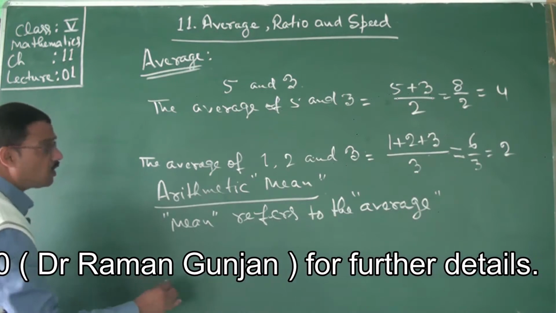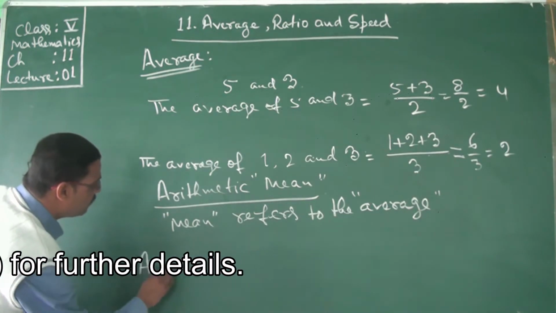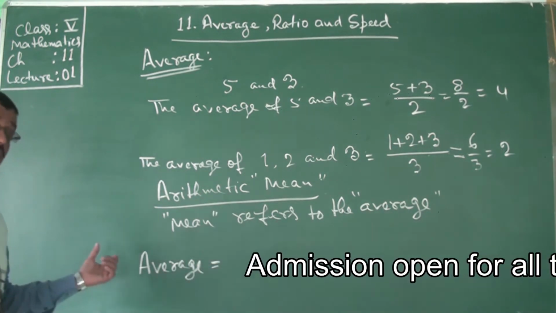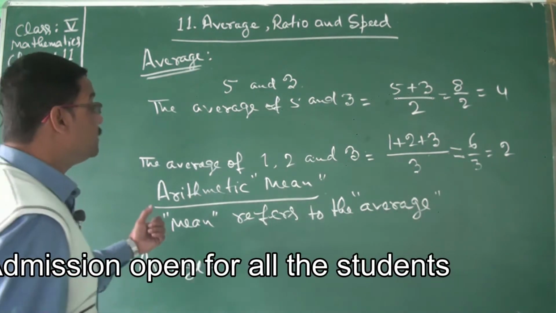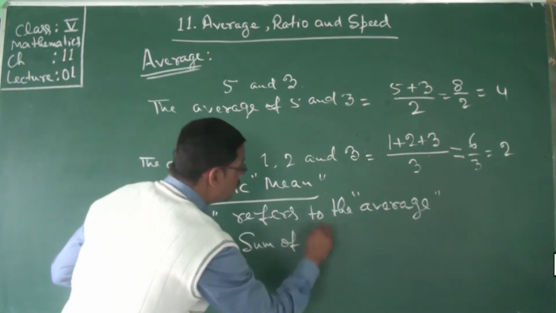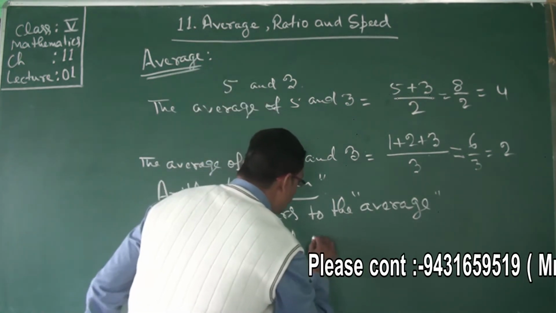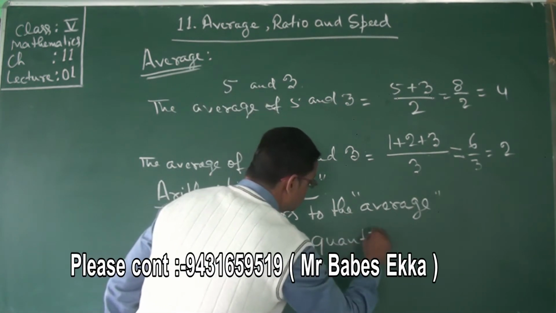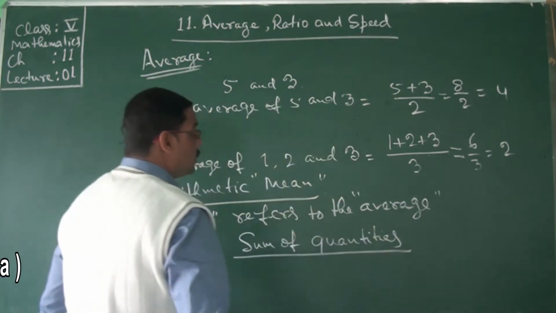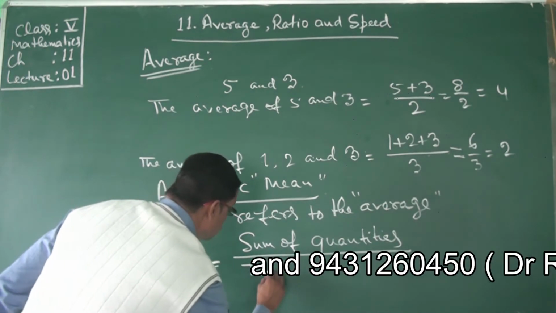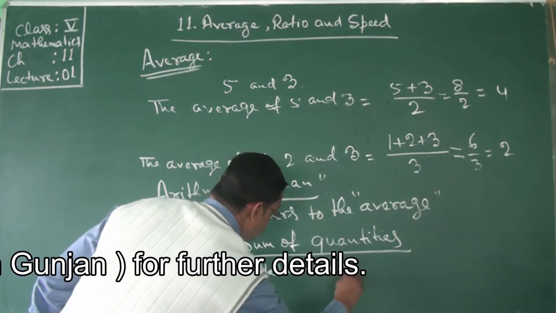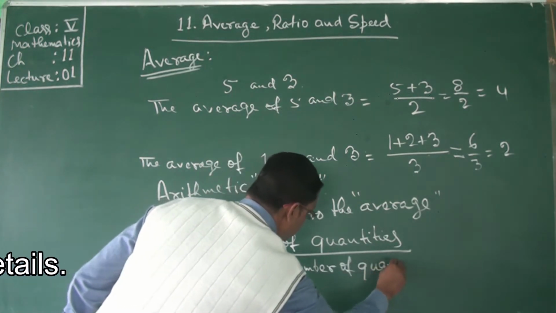Write the formula to find out the average. We will write average equal to, this formula we will use to find out the average, sum of quantities by total number of quantities.